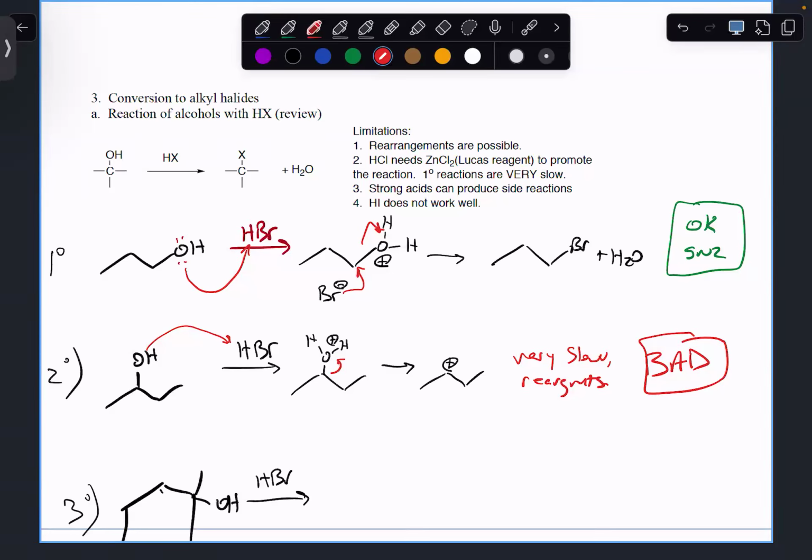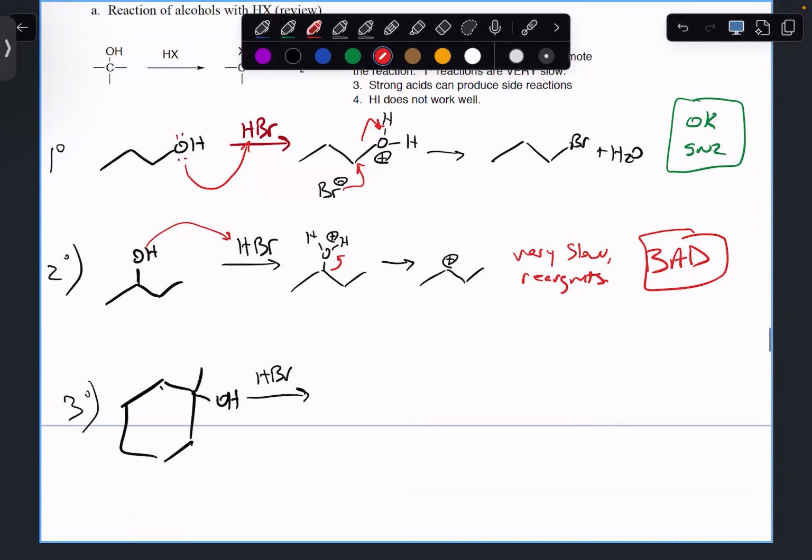Where this reaction truly shines, though, is with tertiary alkyl halides. You can probably see why. The alcohol is going to get protonated, just as in the previous examples. This will also go SN1. But because the resulting carbocation is tertiary, number one, it happens quite fast.